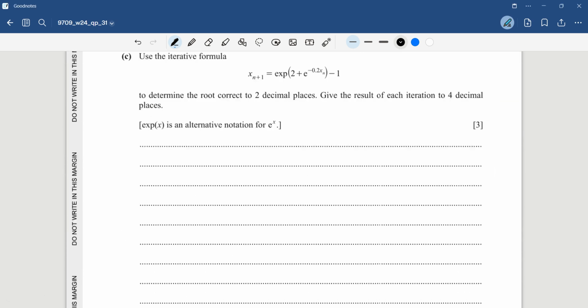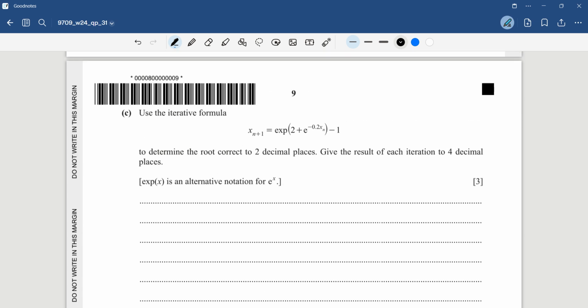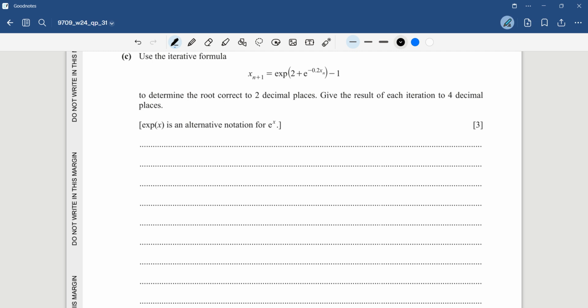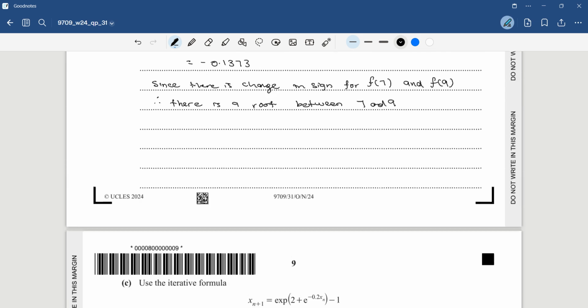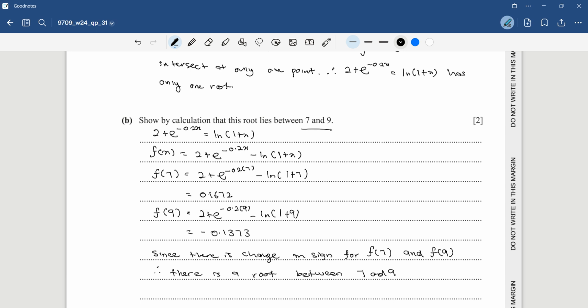For part C, use the iterative formula for x n plus 1, exponential of this, to determine the root correct to 2 decimal places. Give the result of each iteration to 4 decimal places. Just now we already justified that there is a root between 7 and 9.